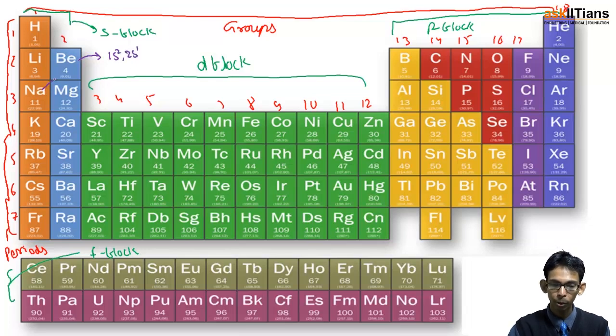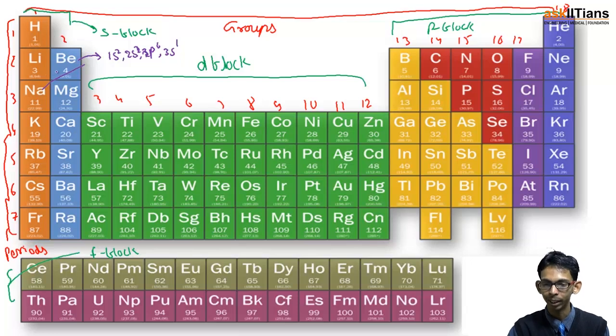For sodium, it would be 1s2, 2s2, 2p6 and then 3s1. So what we find is that in all the elements which belong to S block, the last electron enters the S subshell, and that's why these are called S block elements.